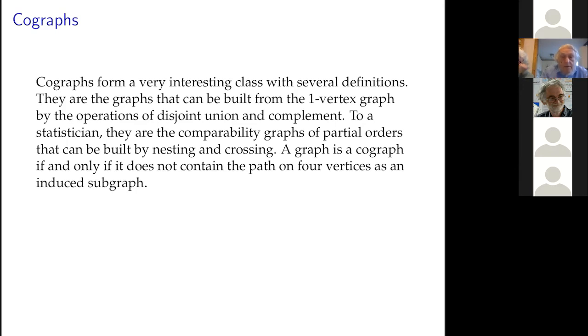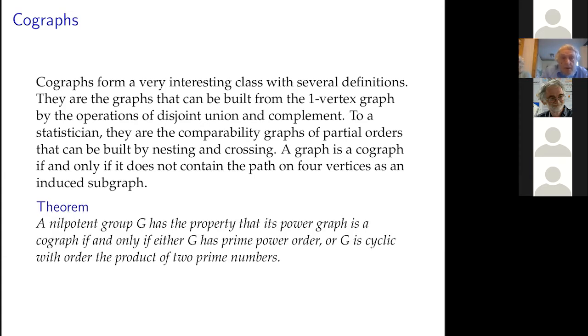If the graph is disconnected, it's built out of smaller cographs. If its complement is disconnected, then the components of the complement are smaller cographs. So a nilpotent group has the property that its power graph is a cograph if and only if either it is a group of prime power order or it's cyclic with order just the product of two prime numbers.